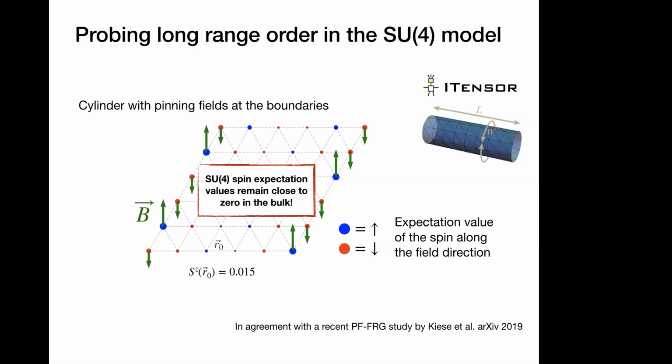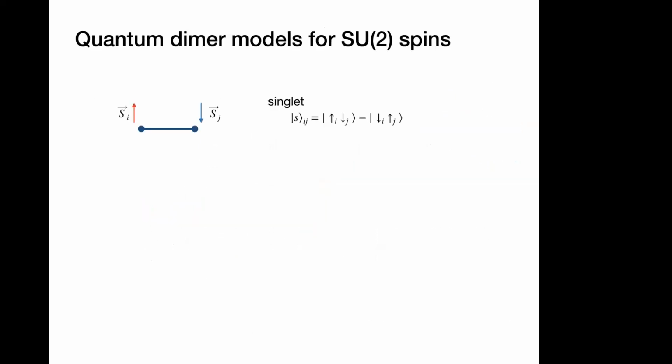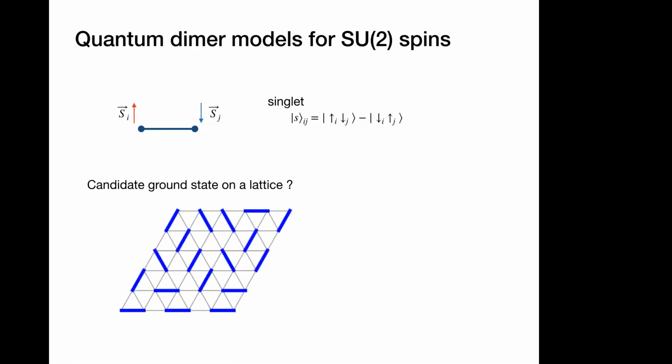So, having ruled out magnetic orders in the system, we could go back to SU(2) spins and understand what the non-magnetic phases possible there were. A lot of progress was made in that case, starting from the picture of just 2 spins, where we know that a pair of spins wants to form a singlet. This suggests that a possible candidate for the ground state on the lattice could be a covering of the lattice by these singlets.